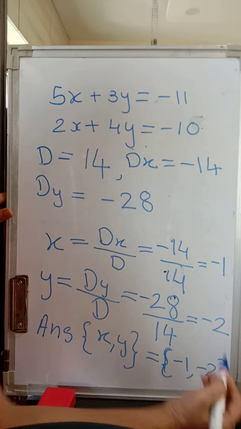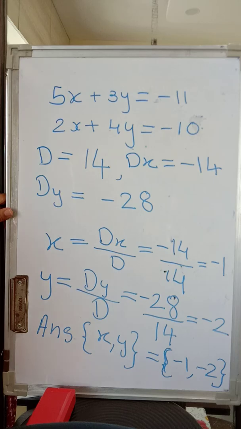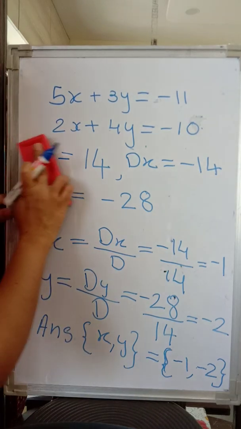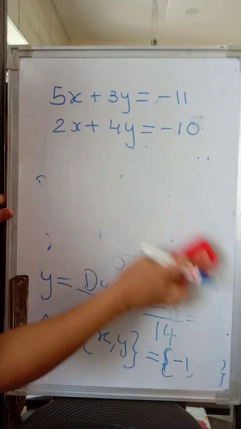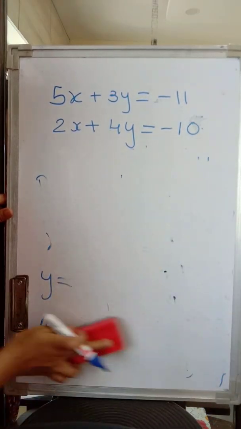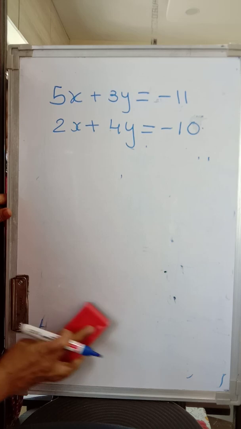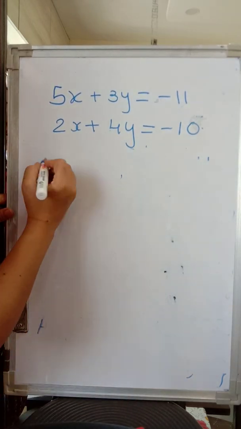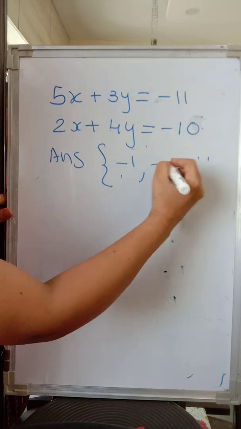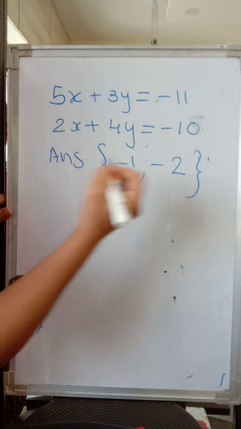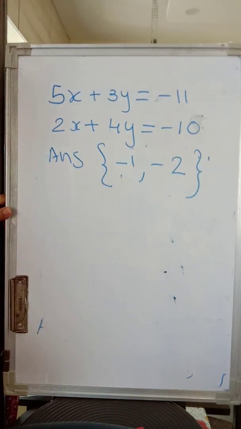So this is the solution of our equation. The final answer I am writing at the top is minus 1 comma minus 2. Very easy method, no? Yes.